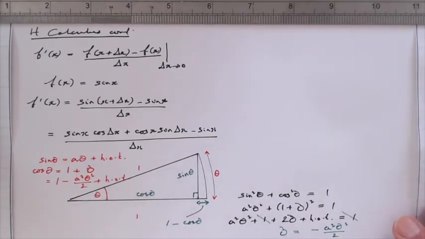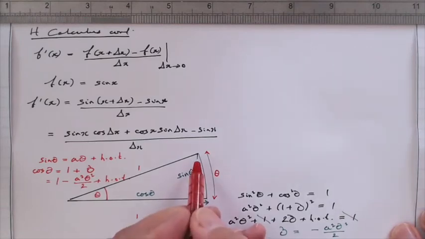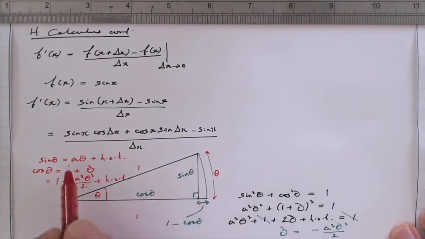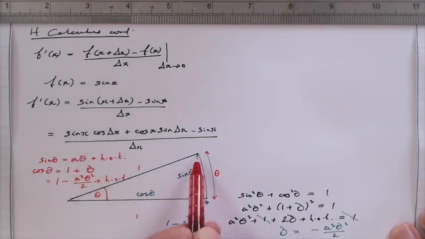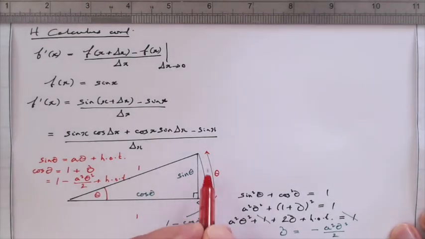But this makes a lot of sense, you see, that when the angle's really small, this vertical line has a size which is the same order as the arc length, which is the angle in radians. So sine theta and theta are sort of equivalent in size as theta gets really small.